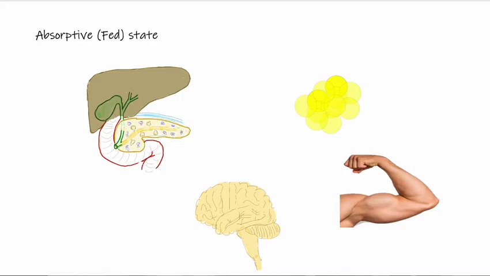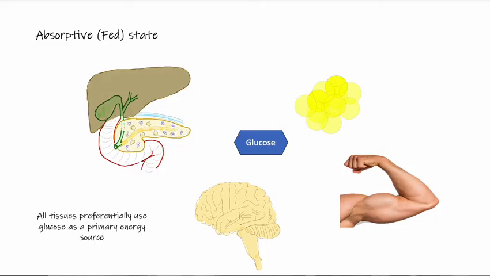The absorptive state is demonstrated here in this slide. So during the absorptive state, glucose is plentiful. All tissues will preferentially use glucose as their energy source. Our brain can uptake that glucose without the presence of insulin, as can the liver. It will uptake the glucose, and in the liver, it will be used to form glycogen, glycogenesis.